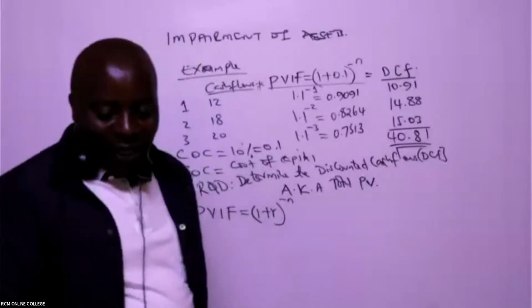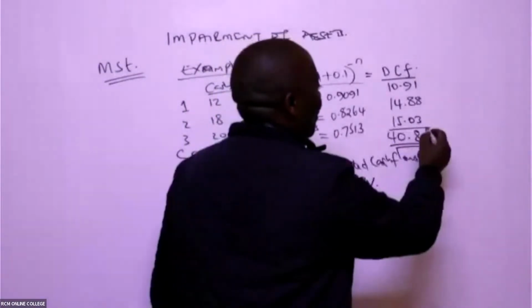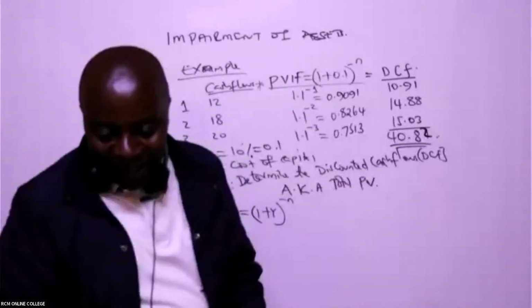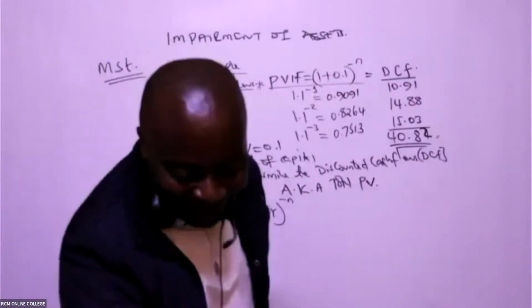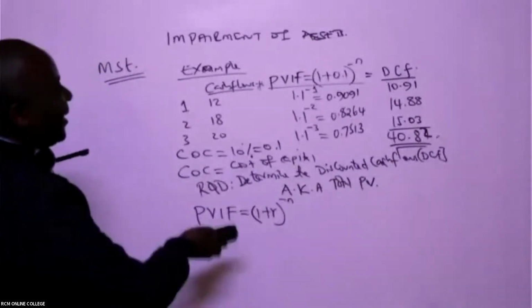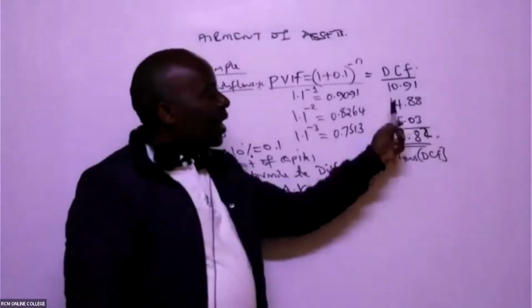40.82 or 81, 82. So in this case here, it's 2. That is allowed. Okay, great. So DCF stands for discounted cash flow.